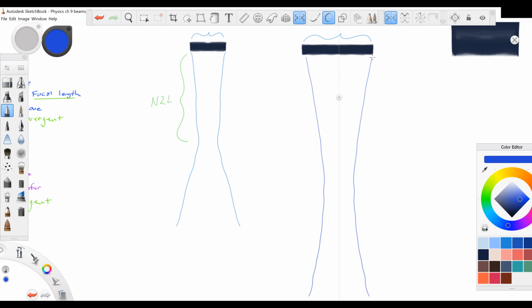Okay. And once again, we'll draw in a near zone.